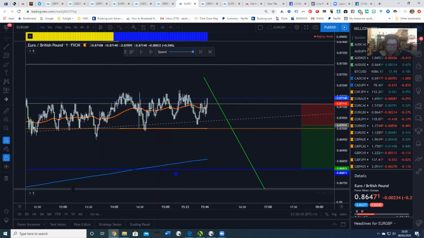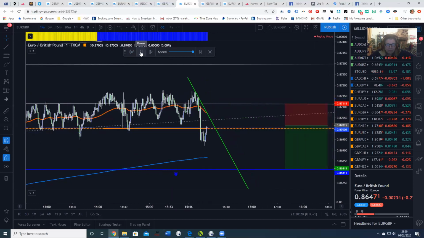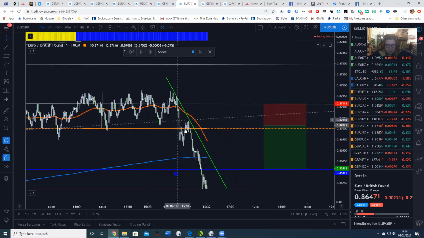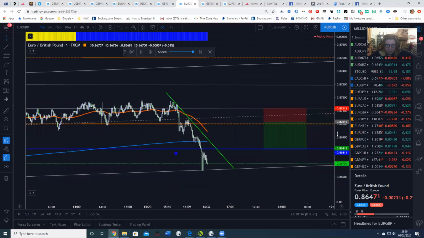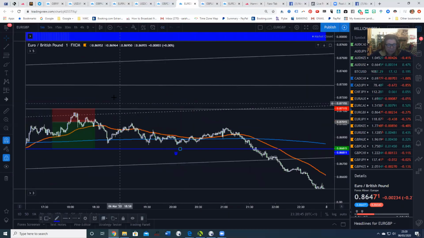So if I show you what then happened, I get into the trade here, and let's just carry on a bit. So it's still up above the 62. It drops then. Let's just back up a bit.